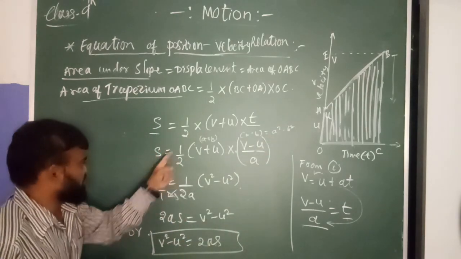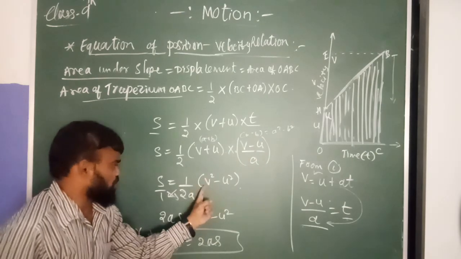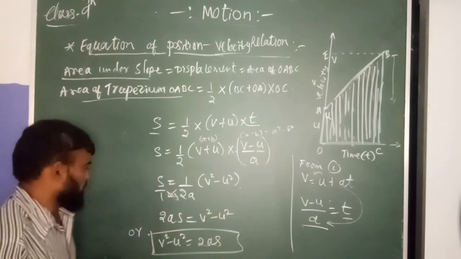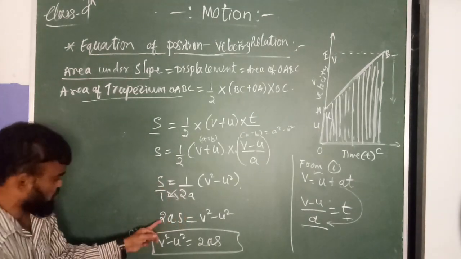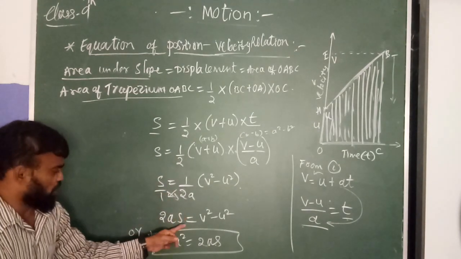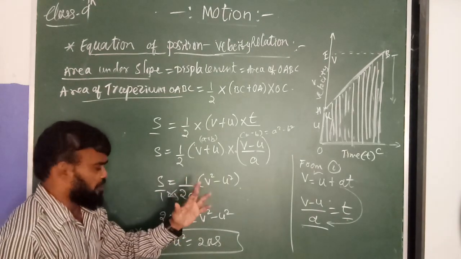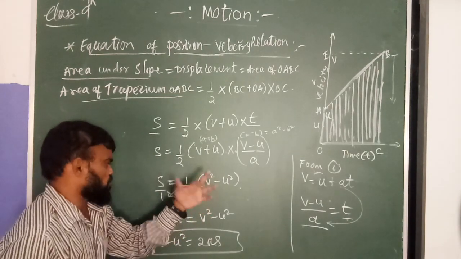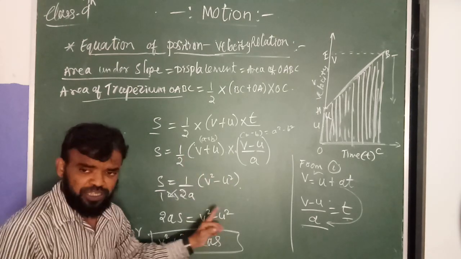So S is equal to 1 upon 2A into V squared minus U squared. Cross multiplying, 2AS is equal to V squared minus U squared.